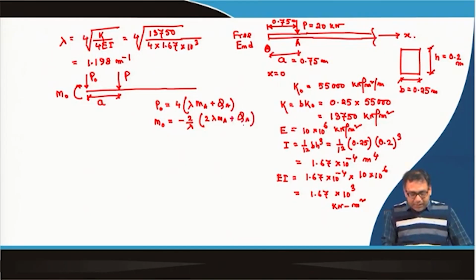So, what is M A and Q A? MA is the moment induced due to the load P if this beam is considered as an infinite beam. QA is the shear force induced due to the load P if this beam is considered as an infinite beam.